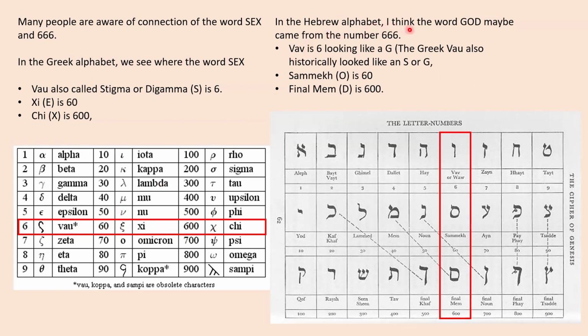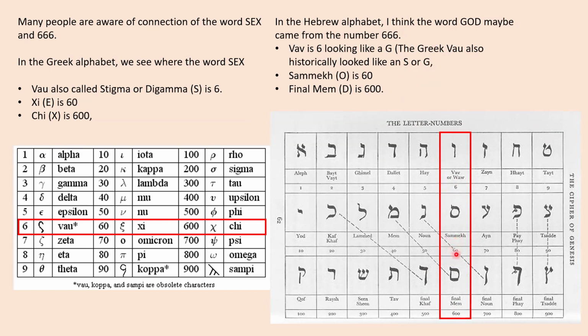In the Hebrew alphabet, I think the word God maybe came from the number 666. So if you look here, the values for 666: the Vav here doesn't look like a G, but it is a 6, and a 6 looks similar to a G. And if you go to the Greek vowel, it also historically looked like an S or a G. I'll come to that in a minute.